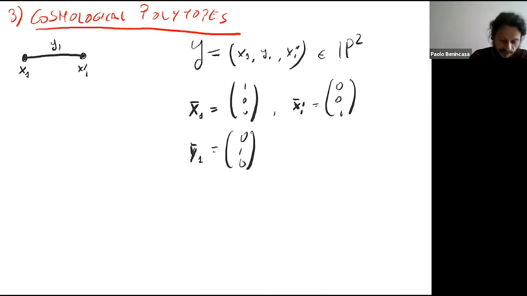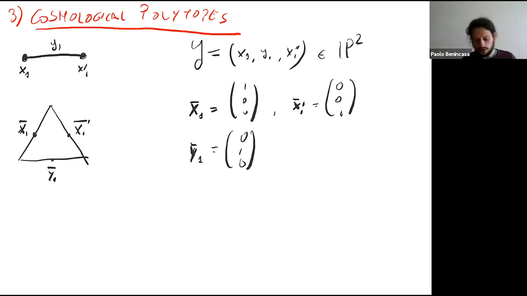So I have here a triangle. This point is identified by x1, this other point by x1 prime, and this other point by y1. Which means that if I want to talk in terms of the vertices, this vertex is given by x1 minus y1 plus x1 prime. And you can find this just by asking x1, x1 prime, and y to be the midpoints between the vertices.